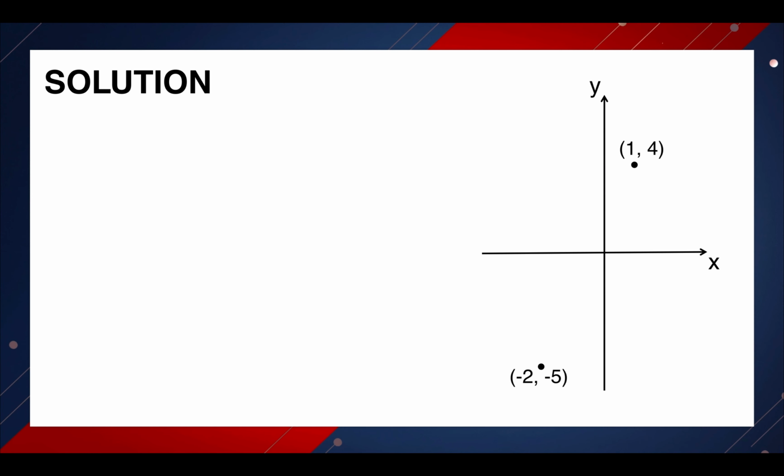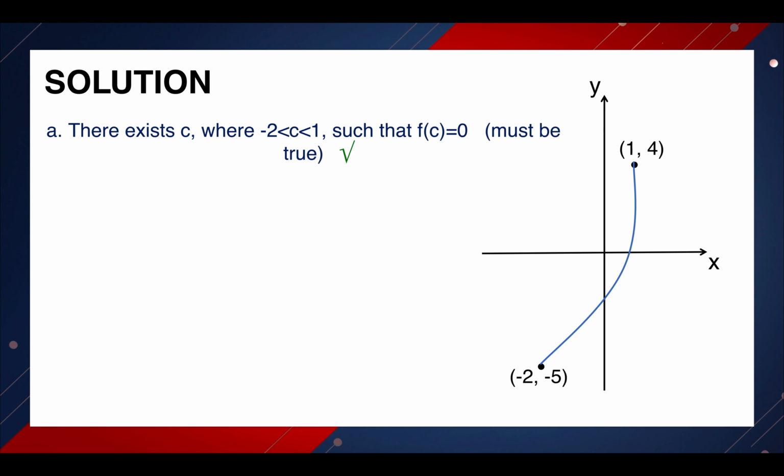For choice A, there exists c where c is greater than negative 2 and smaller than 1, such that f(c) equals 0 must be true because it is a value between negative 5 and 4. So since this function is continuous, there must be such a value.